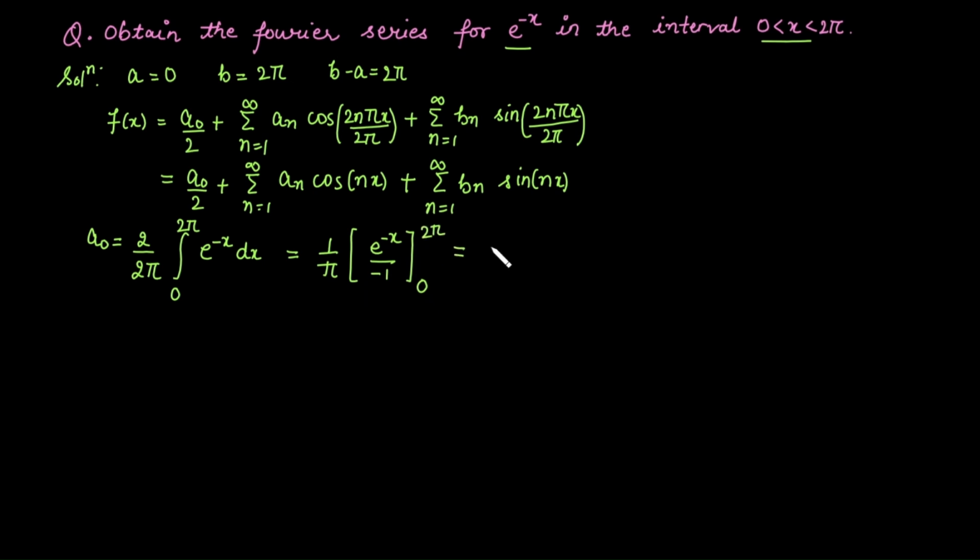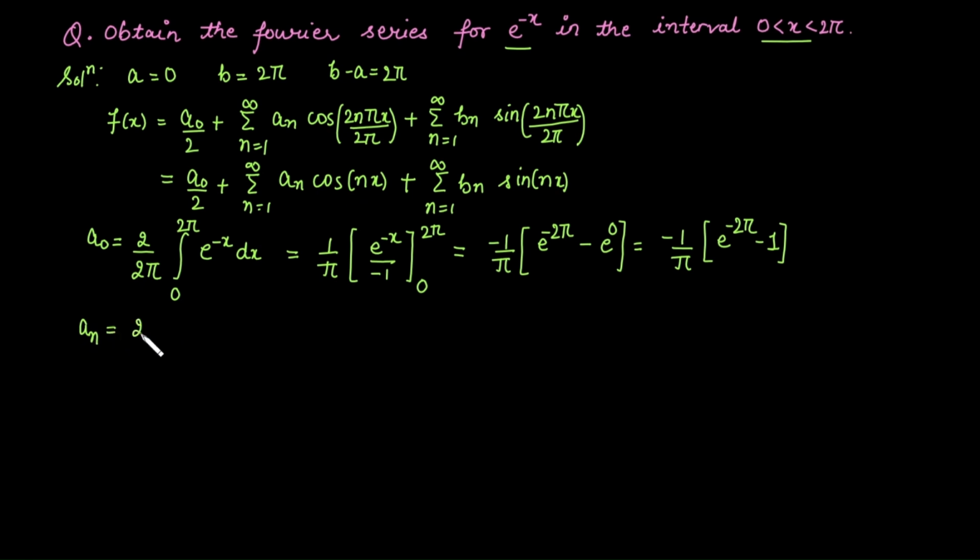This is equal to minus 1 upon pi, e raised to power minus 2 pi minus e raised to power 0. E raised to power 0 is 1. So finally we have 1 upon pi, e raised to power minus 2 pi minus 1. This is the value of a naught in this case. Now we need to calculate an.